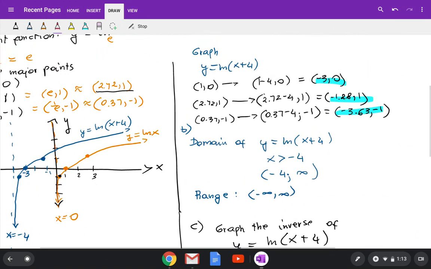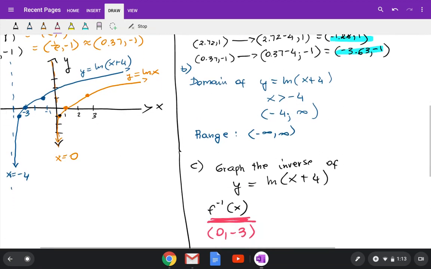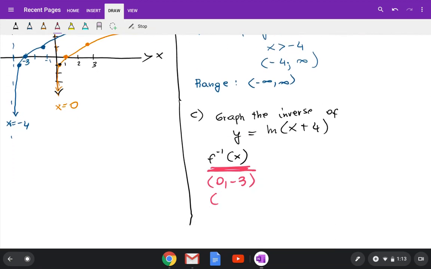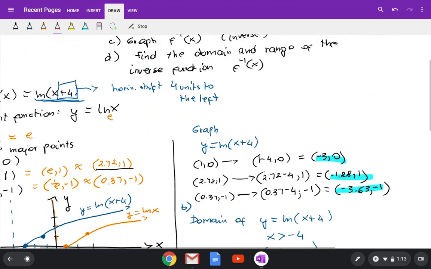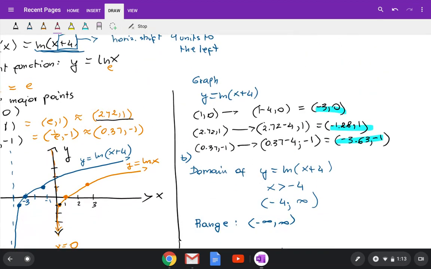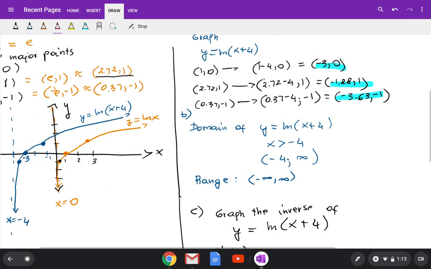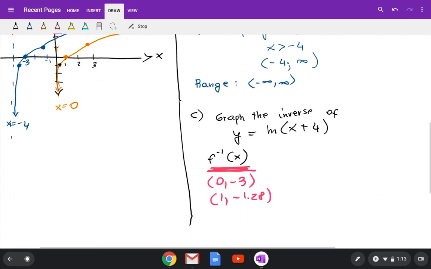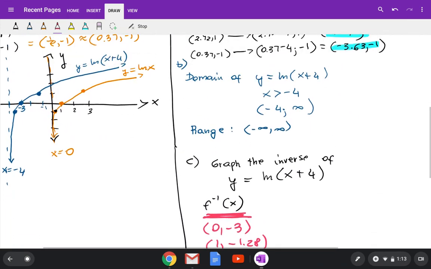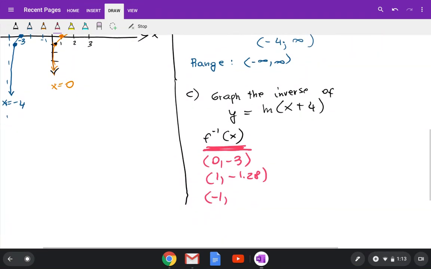Then the point (-1.28, 1) will become (1, -1.28), switching x with y, and the point (-3.63, -1) will become (-1, -3.63).